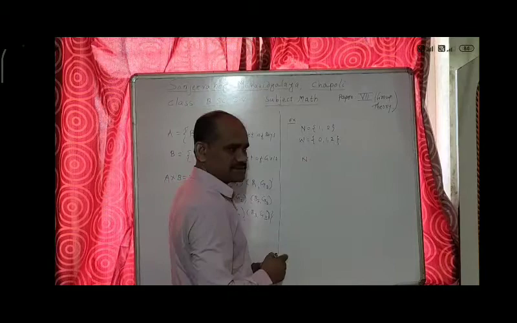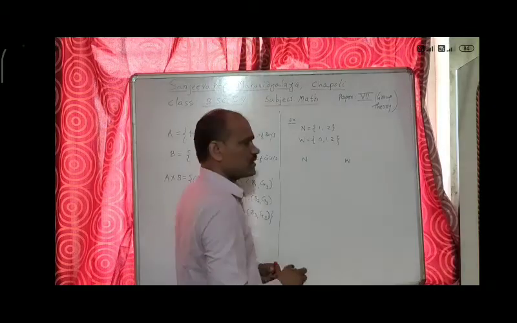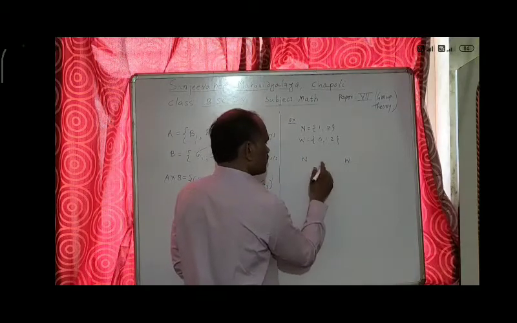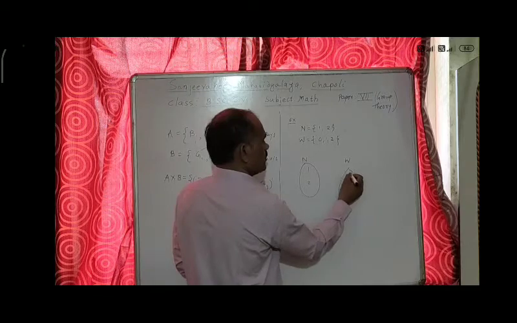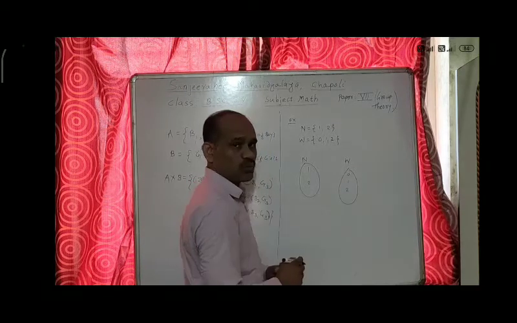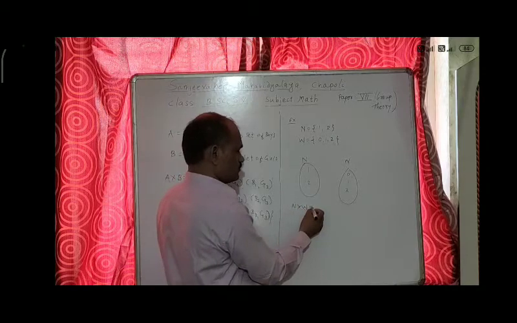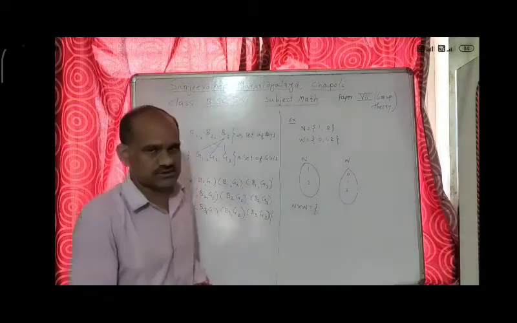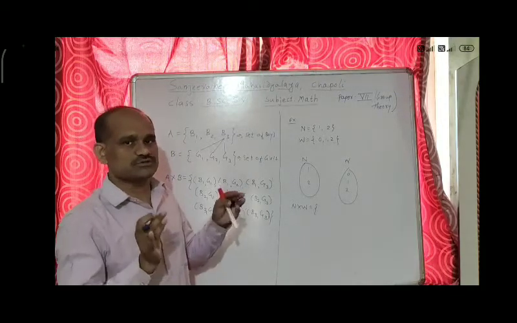We have to find the cross product between them. The elements are 1, 2 and 0, 1, 2. Now N cross W, where N is the set of the first two natural numbers and W is the set of the first three whole numbers.